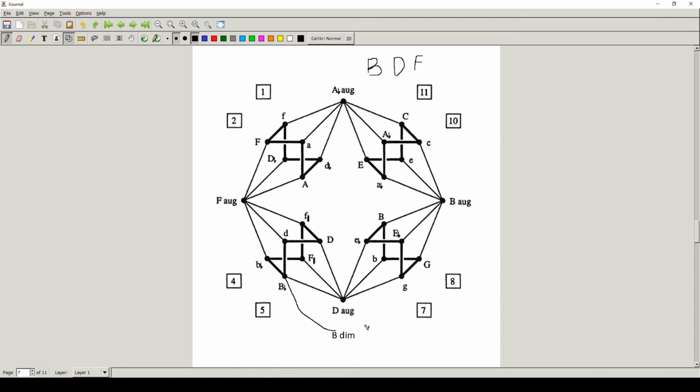B diminished has to be its own shape, or its own dot on the diagram, since it's not the same chord as D augmented, but it should live sort of at the same point on the circle. It should be at like 6 o'clock if we visualize this as a clock.